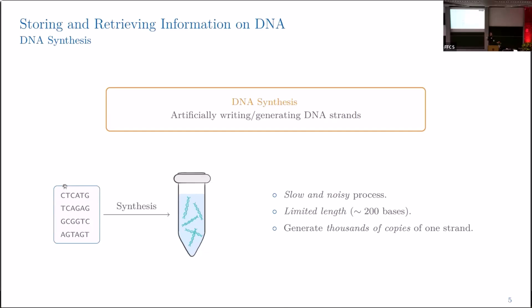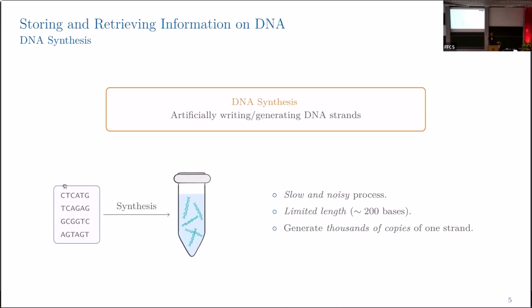This process is a bit slow and also a bit noisy because there are chemical processes and things that can happen. And also due to technological limitations, we can only generate DNA strands of roughly 200 bases long, so rather short if you compare it to nature. Okay, but we can do so for now.